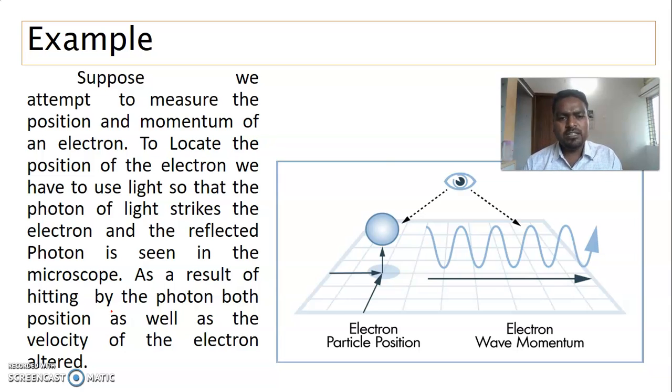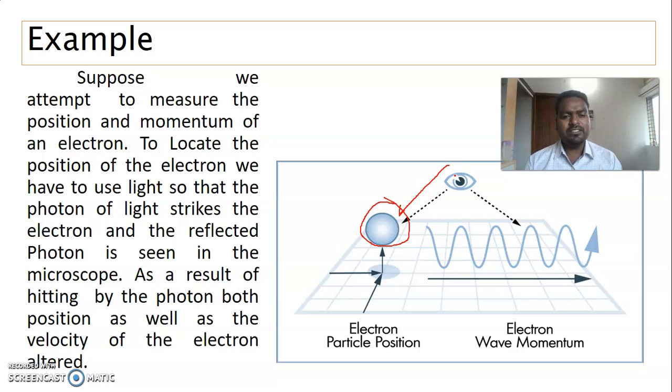Dear students, let us consider a system in which an electron is revolving around the nucleus. Suppose you are going to identify the position of the electron. In order to locate the position of the electron, you are going to use some device like a microscope. Through the microscope, you pass light in order to see the position of the electron.